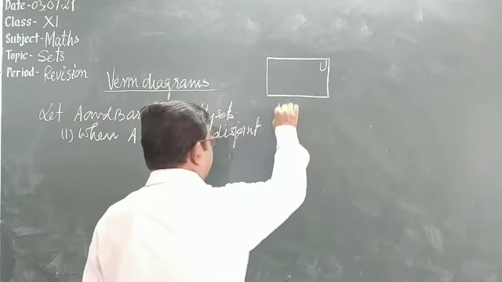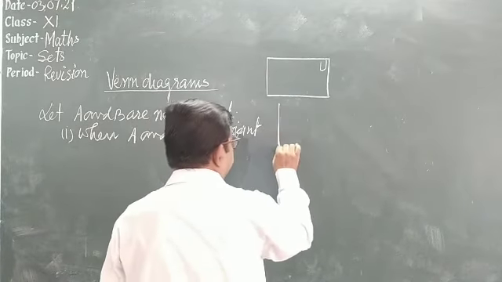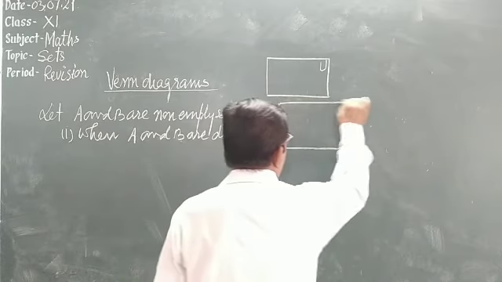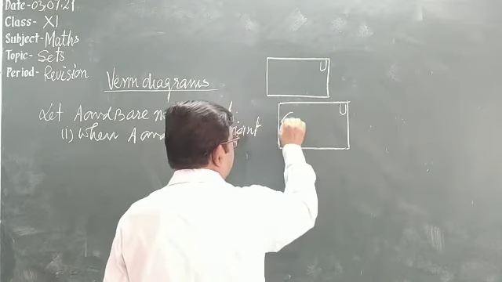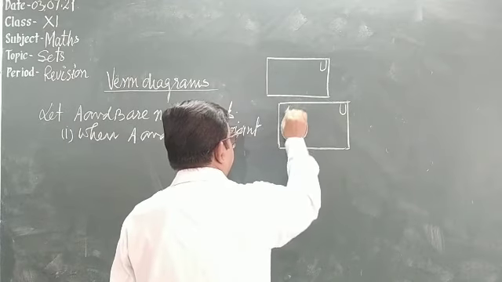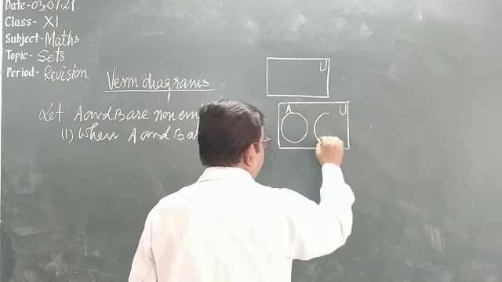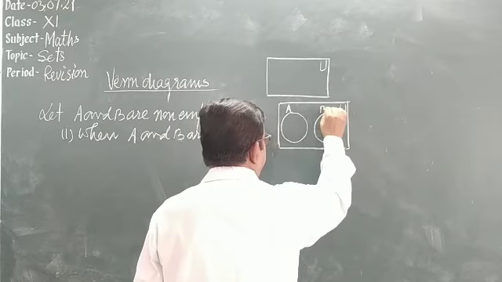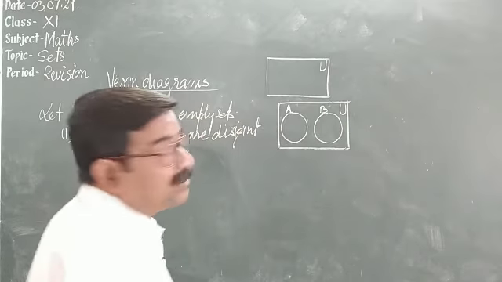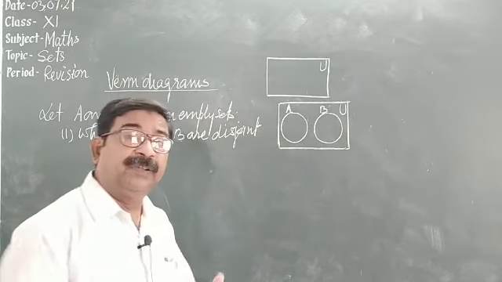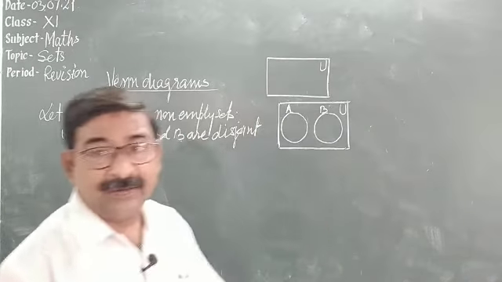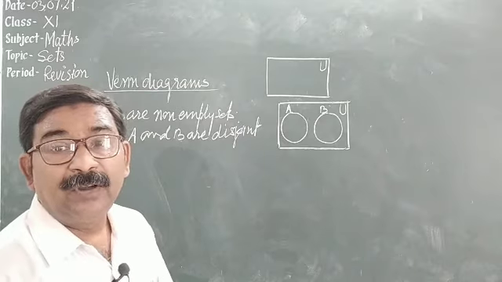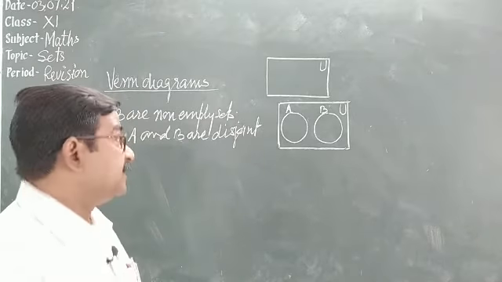So let's see the Venn diagram for this. This is U, and this one is, suppose, set A, and this one is, suppose, set B. There is no common element between A and B, so both the sets A and B are separated because they don't have common elements.